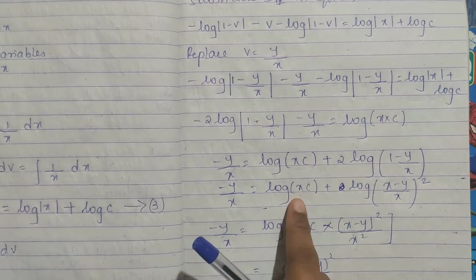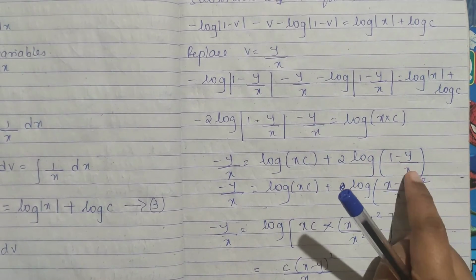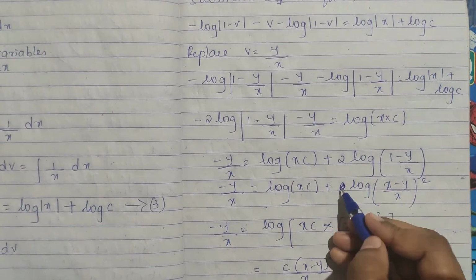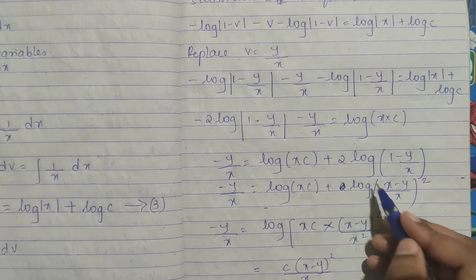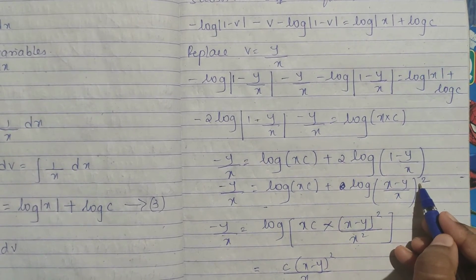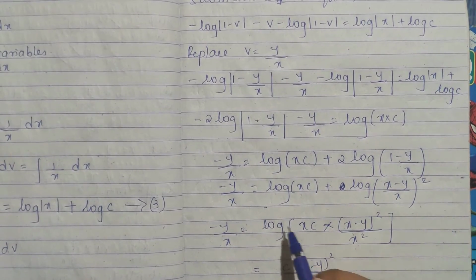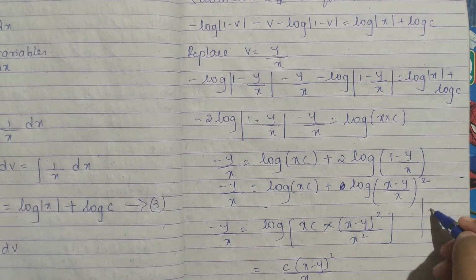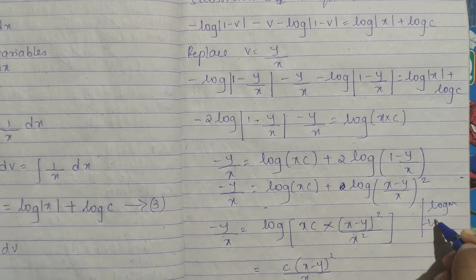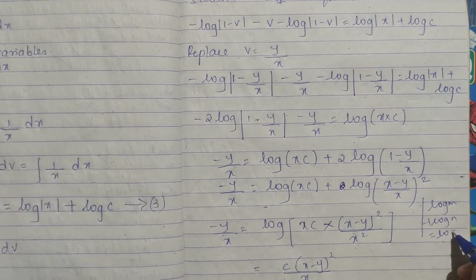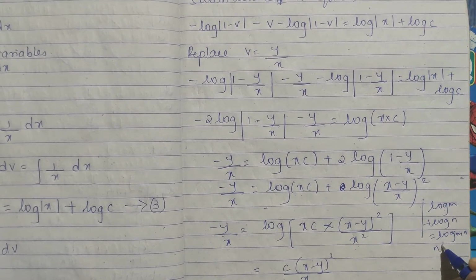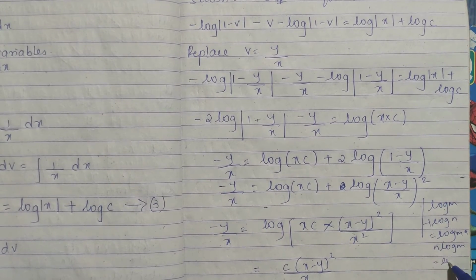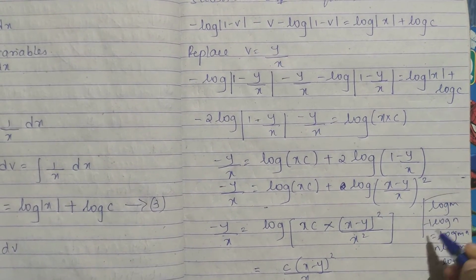Now log xc, say log of 1 minus y by x, I have taken LCM x by y, and this was n log m, so it becomes log m raised to n. So the same I have done, squaring. Now log m plus log n is what? Log of m into n. Log m plus log n is equal to log mn, right, and n log m is equal to log m raised to n. This is all your log forms.